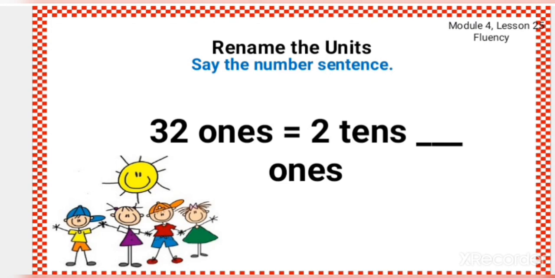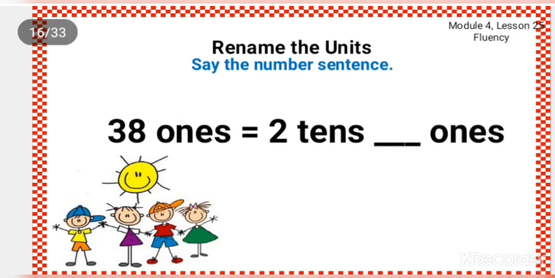Can you put a round of applause for yourself? Come on, clap for yourself. You're doing so good. 38 ones is what? 2 tens and 18 ones. Lovely. 41 will be what? 40 ones is 3 tens and 10 ones. 46 ones will be 3 tens and 16 ones.